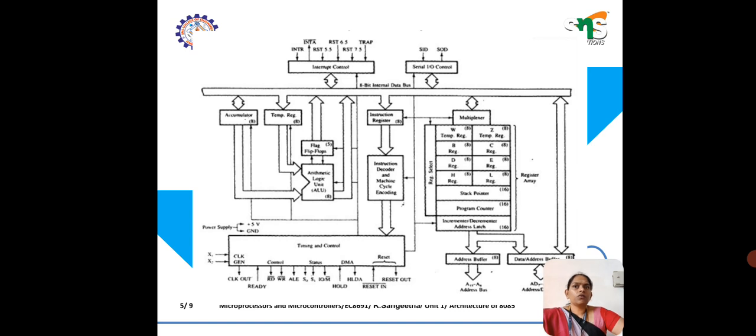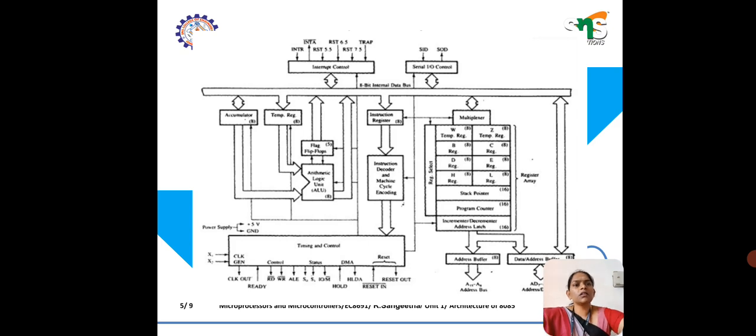Next we go to the flag register. It is an 8-bit register having five 1-bit flip-flops, which hold either 1 or 0 depending upon the result stored in the accumulator. There are five flags: the sign flag, the zero flag, the auxiliary carry, the parity flag, and the carry flag.